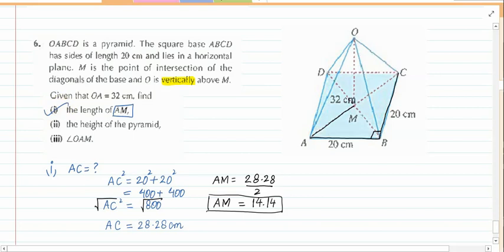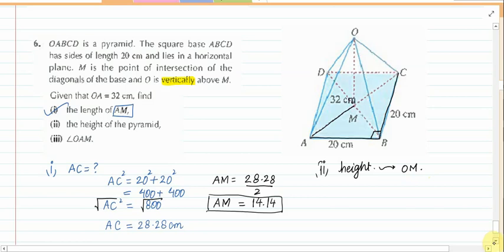After part A, next says the height of the pyramid. For part 2, height of pyramid. Now in our diagram, height is represented by the length OM. So you need to find the length of OM.